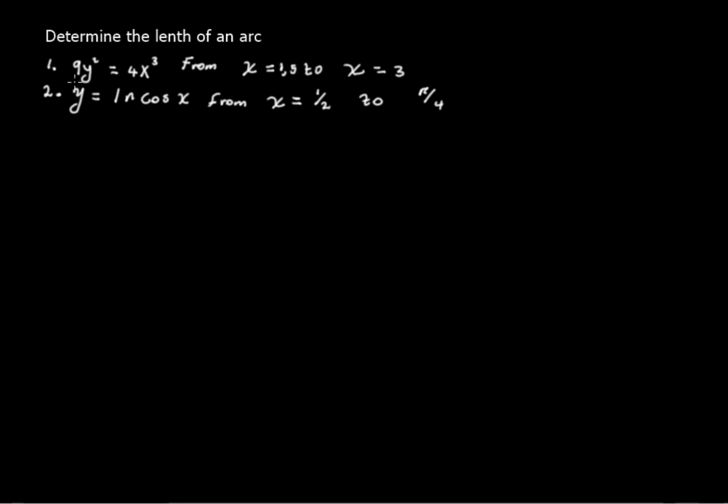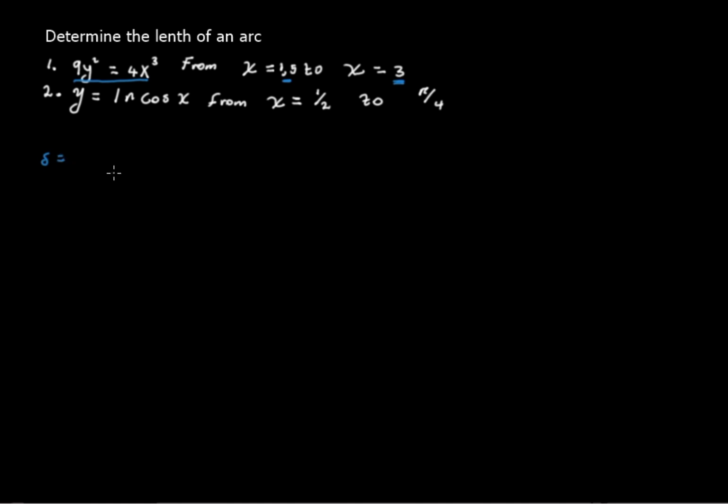Here you are given this function, and the formula that you have to use is the one from calculus, where you are told to integrate between 2 points shown on the x-axis.